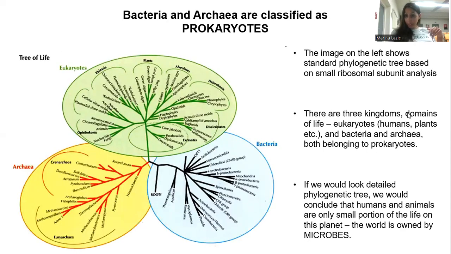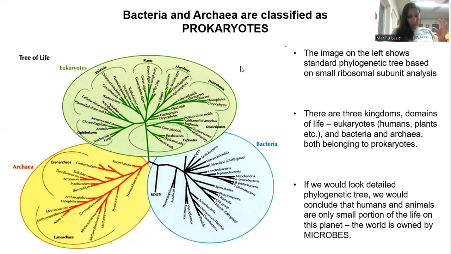Now, both bacteria and archaea are defined as 2 different branches in the phylogenetic tree. What you see here is a standard image of a phylogenetic tree that is based on 16S ribosomal RNA sequencing, and you probably all know that early divergence resulted in bacteria and archaea, and then eukaryotes were a separate line.